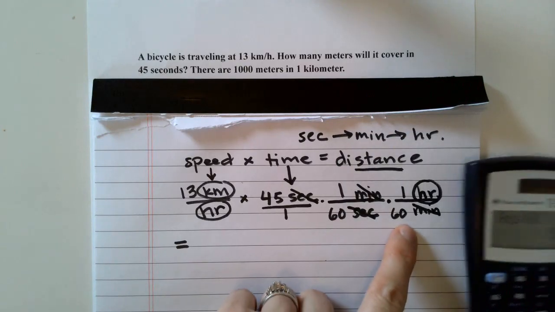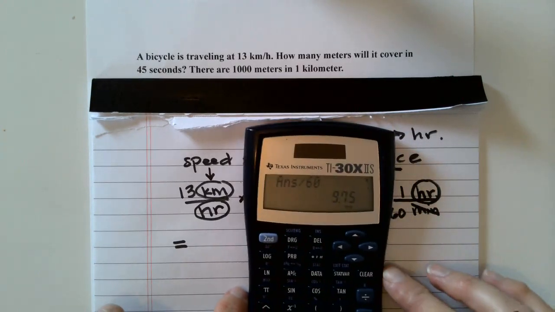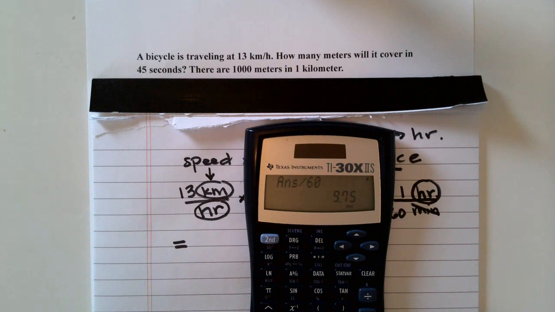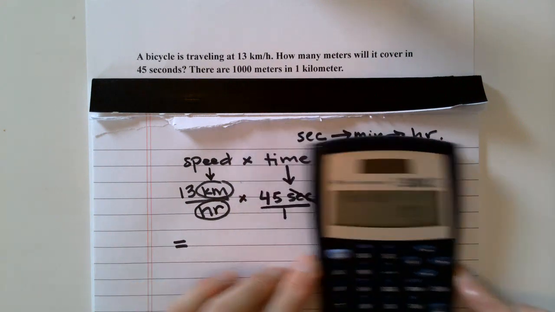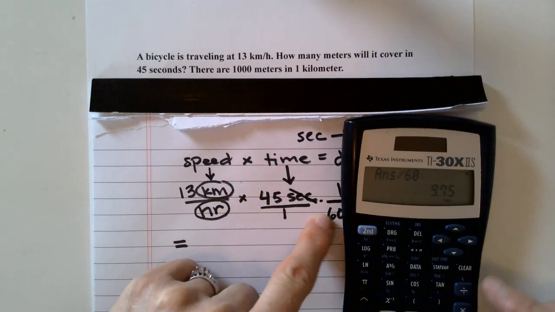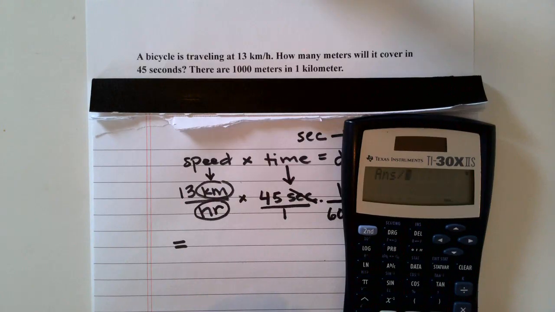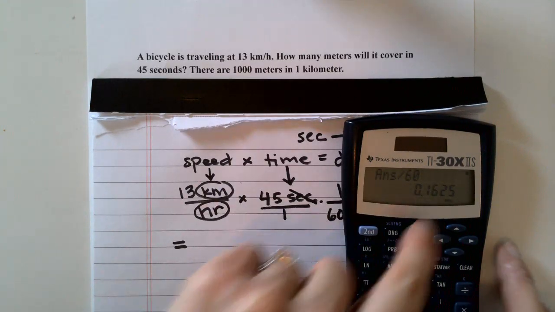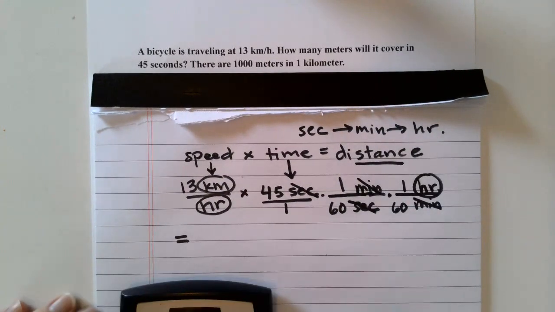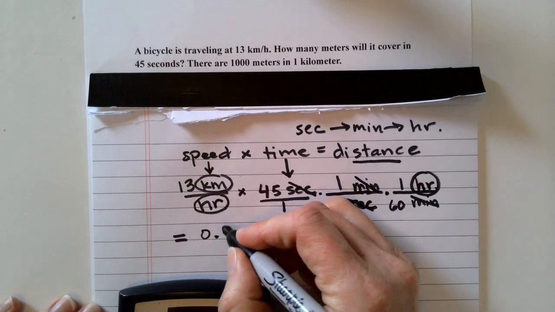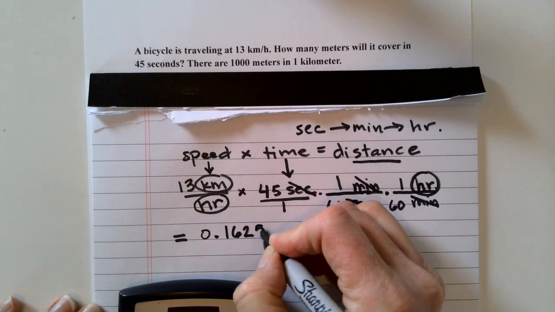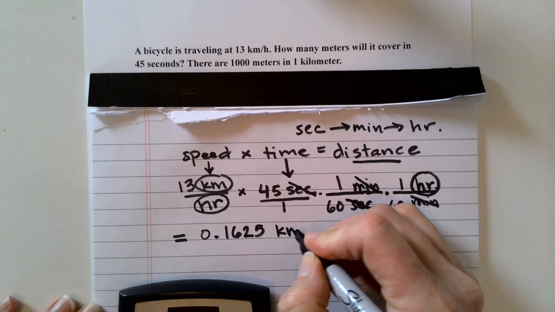And now I need to divide by 60 again. Each time I multiply or divide, I'm going to put equals in between each number. So this was divided by 60 once, equals, and now I'm going to divide it by 60 again and push equals again. And I have this decimal, 0.1625 kilometers are my units at this point.